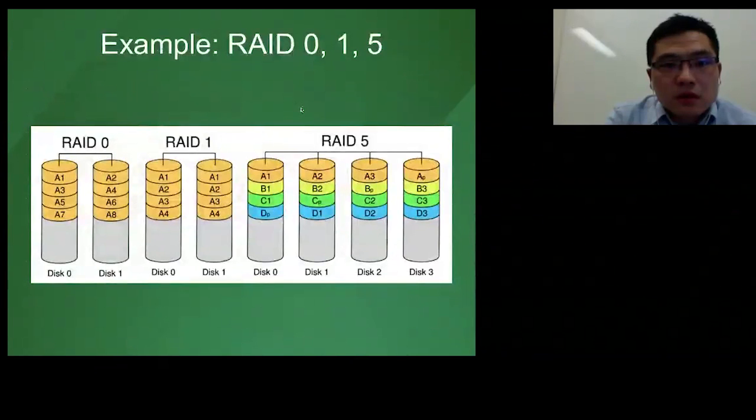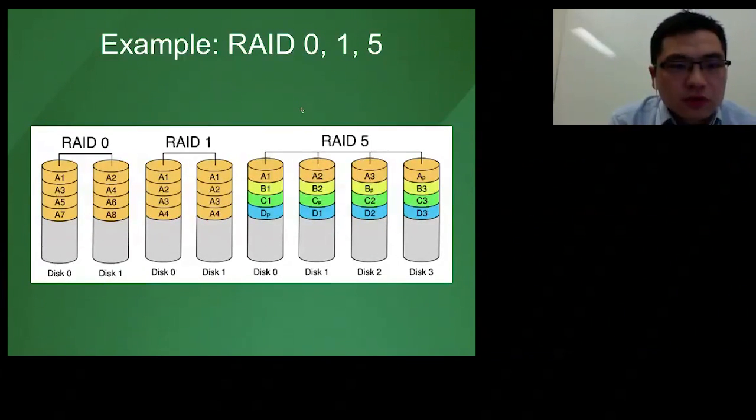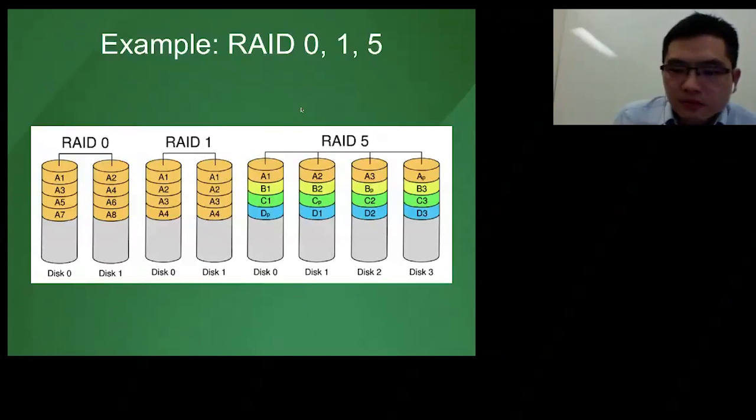So this picture shows RAID 0, RAID 1 and RAID 5. We can see that RAID 0 is only striping, no mirror, while RAID 1 is mirrored, but no parity. RAID 5 has single parity, but distributed.